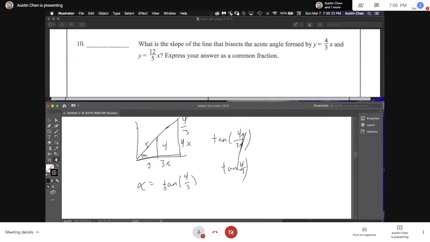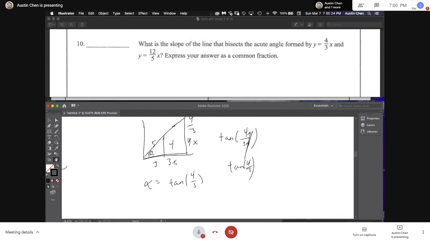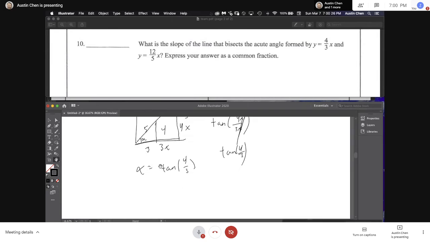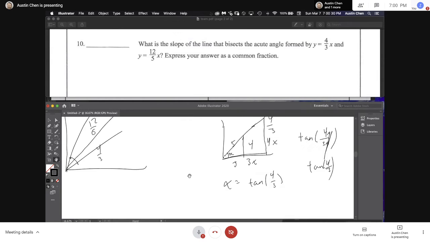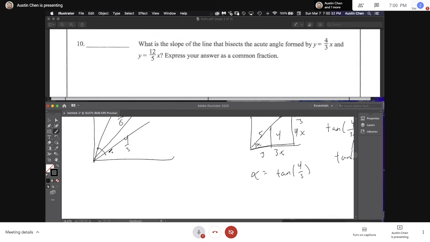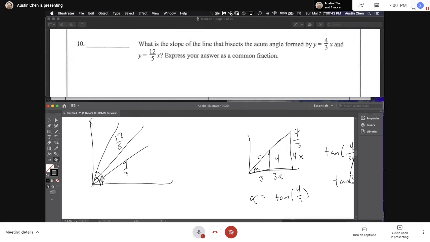So if you have any line, then the angle it makes with the x-axis is just going to be tangent of the slope. Then what you can do is find, with a calculator, very easily, what this angle is on the 4/3 line. You can find what this angle is on the 12/5 line. Then you could subtract the two angles. Then you get what this middle angle is.